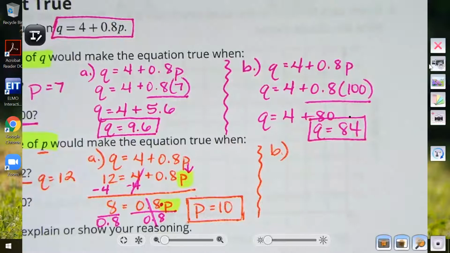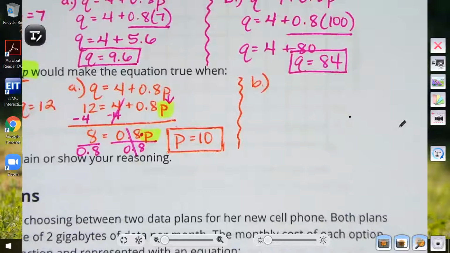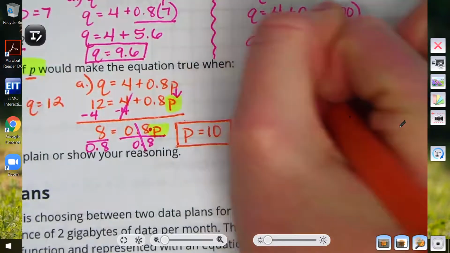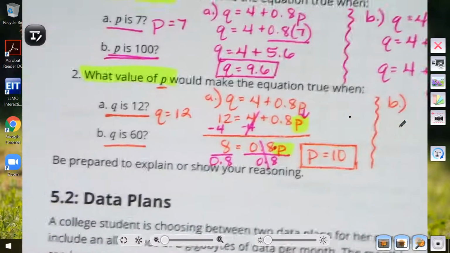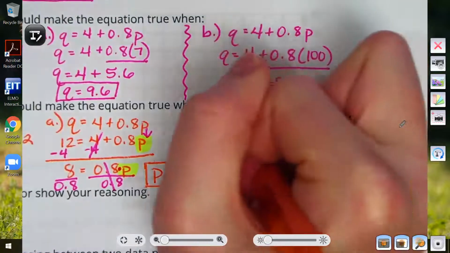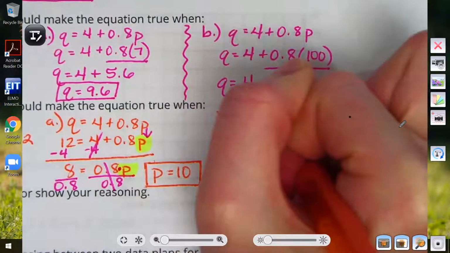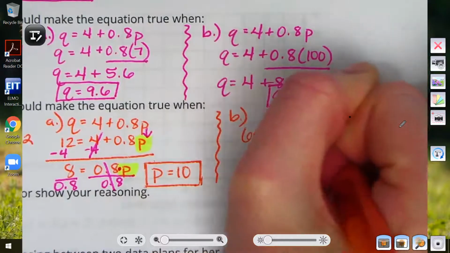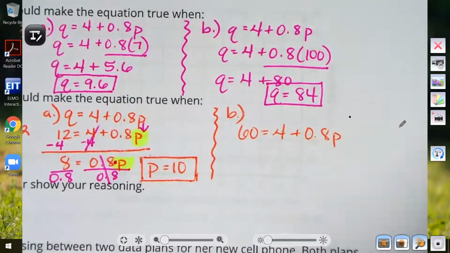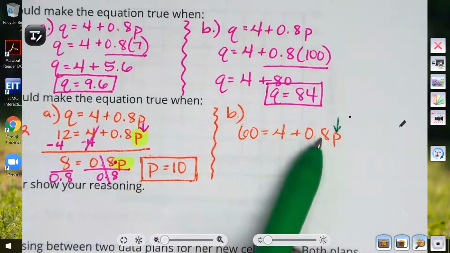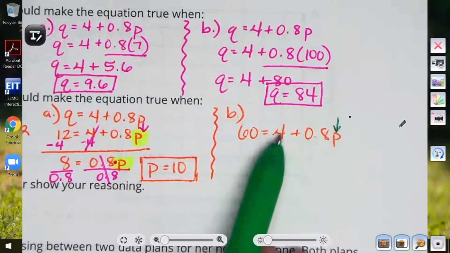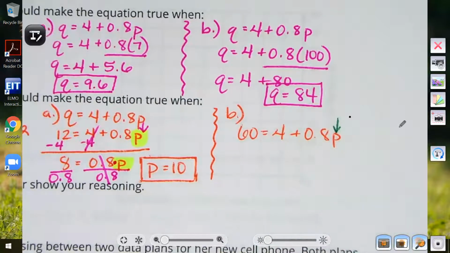Good, Hannah. All right, B. Same thing, this time Q is 60. So I have 60 equals 4 plus 0.8P. So if I'm solving for P, I start with my term that is furthest away. So how do I get rid of this 4?